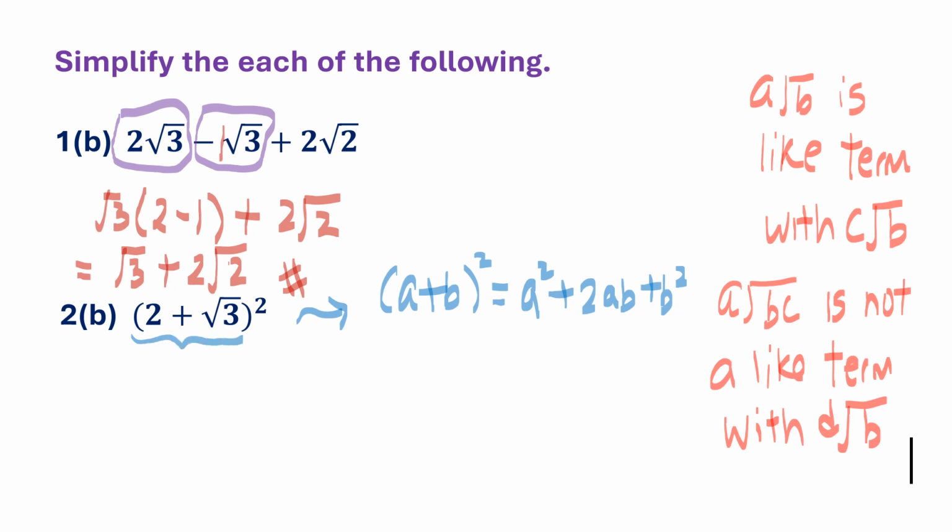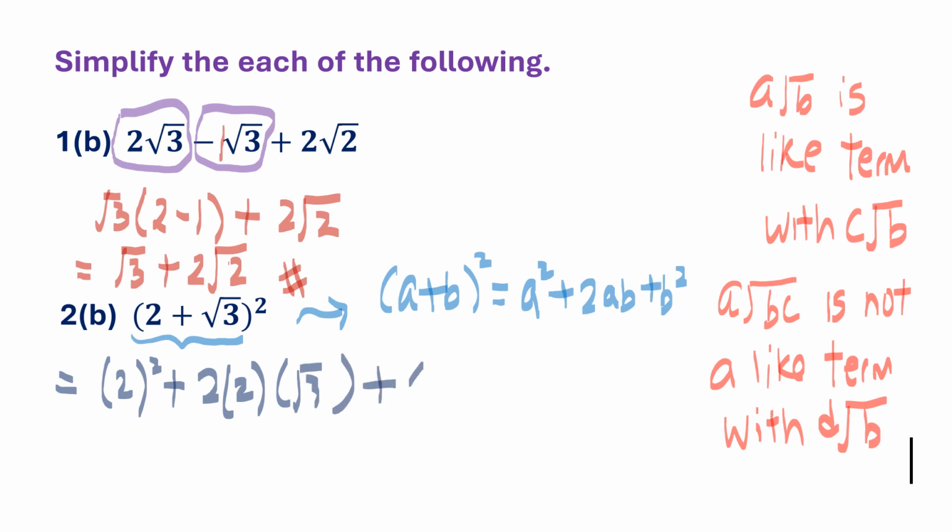Right, so let's do the substitution. So your a, you can substitute the value to be 2. Then that will give me bracket 2 squared, and then 2 times 2, and then the value to substitute for the letter b will be square root 3, then plus bracket square root 3 close bracket squared.